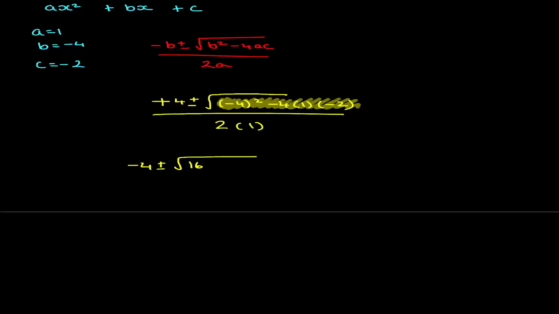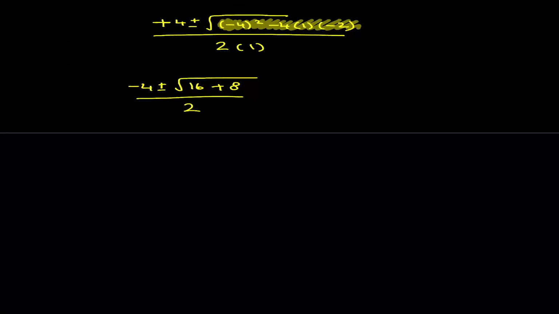And then negative 4 times 1 times negative 2 is positive 8, so be careful of that sign. That's all going to be over 2 times 1, which is 2. Then we can work out what 16 plus 8 is, which is 24. So we're left with minus 4 plus or minus square root of 24 divided by 2.